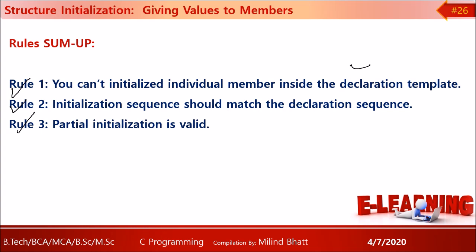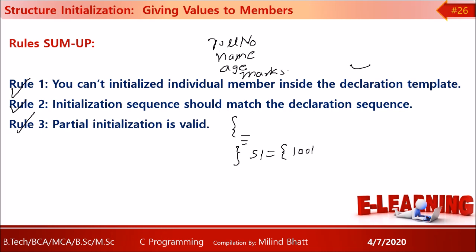Okay, what it means? If I check individual earlier example, there was roll number, there was name, there was age, and then marks. If I mention it as, this is my declaration and I am mentioning S1 equals to 1001, that's it.